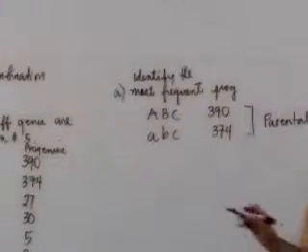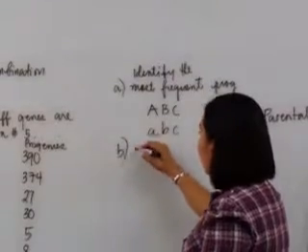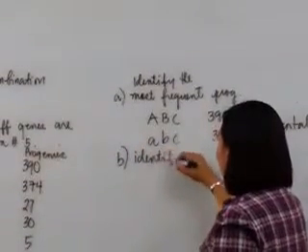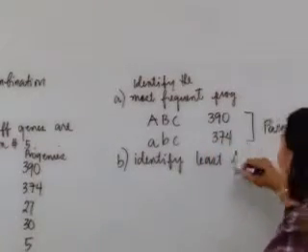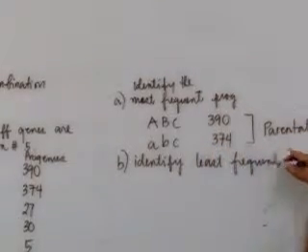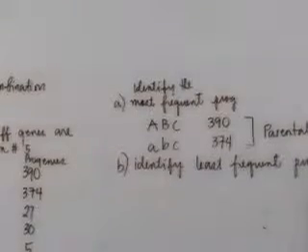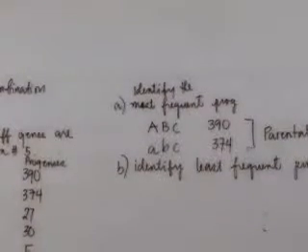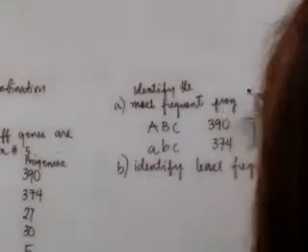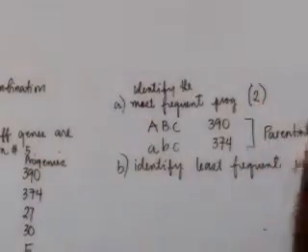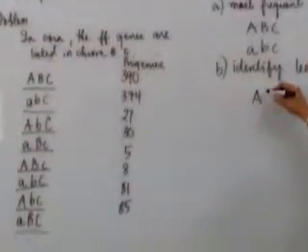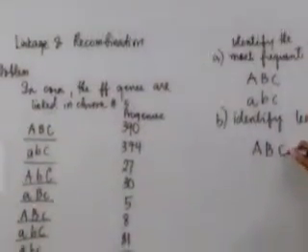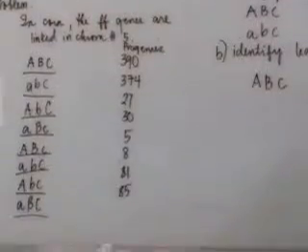Okay. The next thing to do is to identify the least number or the least frequent. Least frequent, the two least frequent progenies. So, laging itong dalawa. Okay? So, you have the list here, which is dominant A, B, and C, which is 5.